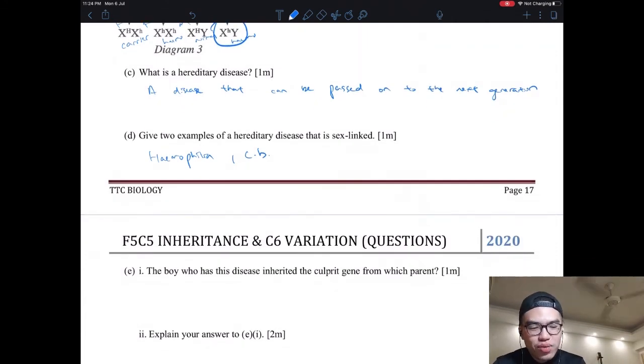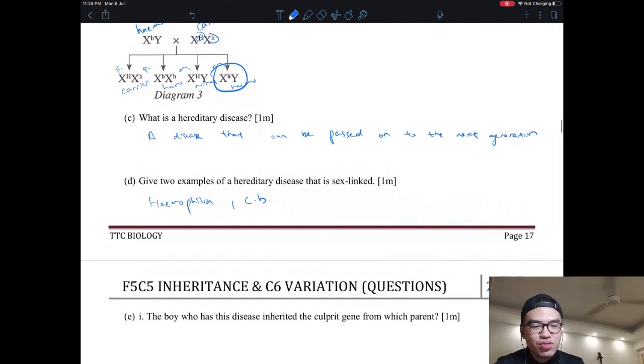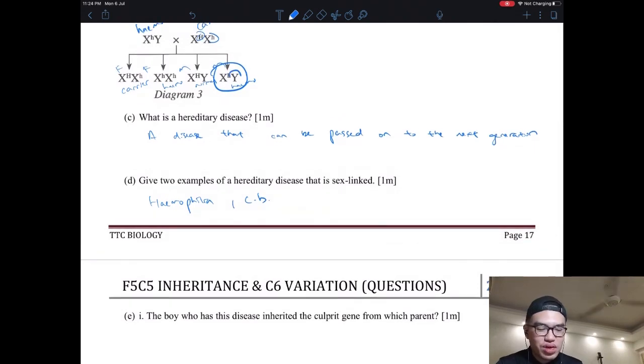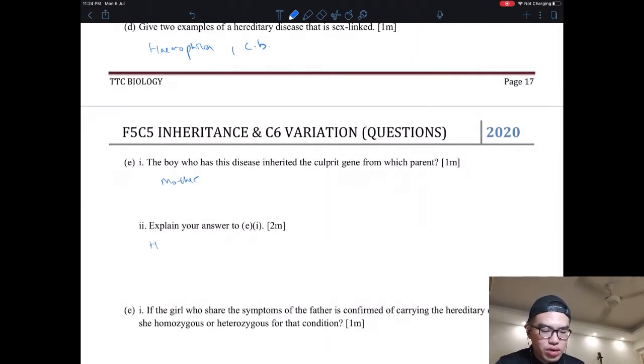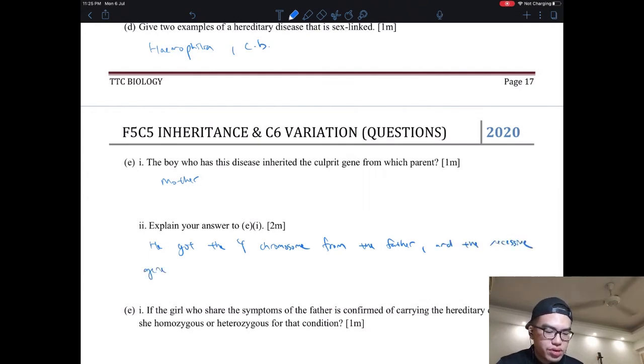He got the Y from the father for sure, so this X^h he got from the mother. Explain your answer: he got the Y chromosome from the father, and the recessive gene, which is X^h, from the mother.